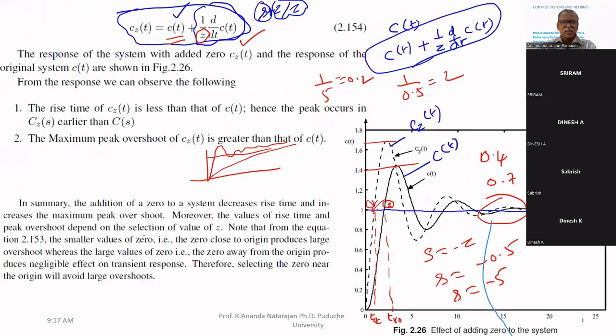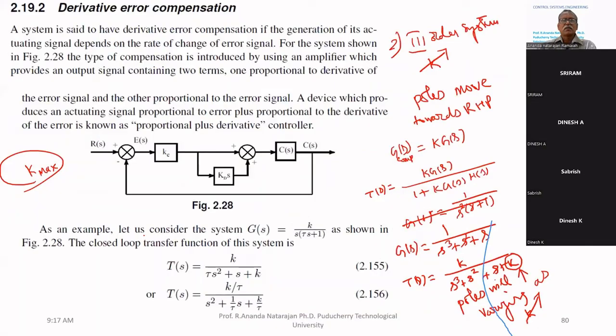So that is derivative error compensation, that is KdS. What are we getting here? E. This error is multiplied by Kc, which means proportional controller, proportional compensation.